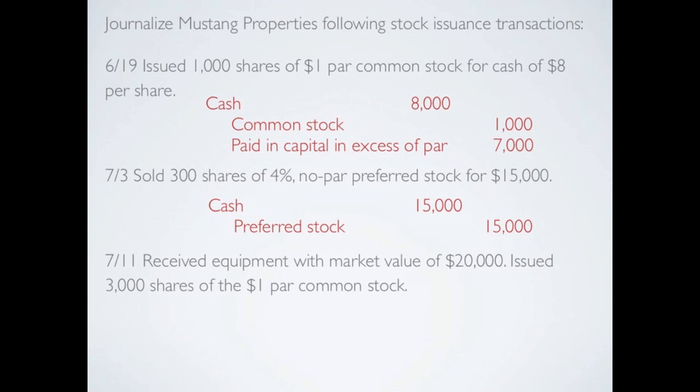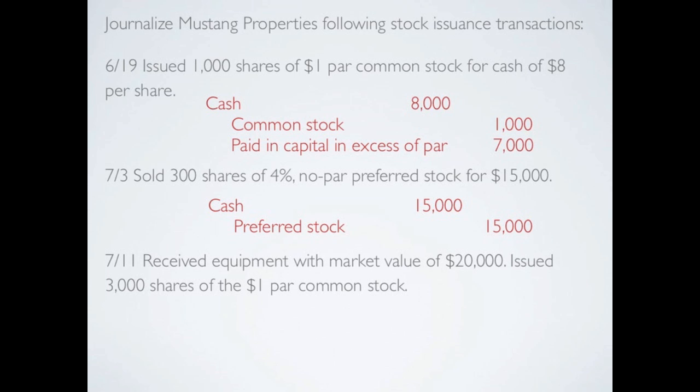On July the 11th, we received equipment with market value of $20,000, and we issued 3,000 shares of our $1 par common stock for this equipment. When you're getting an asset other than cash for an issuance of stock, you're going to record that asset at its market value.